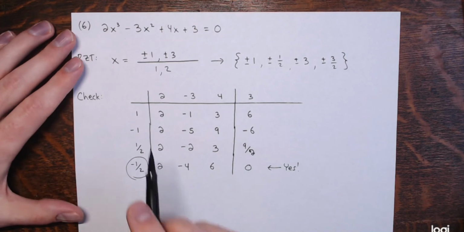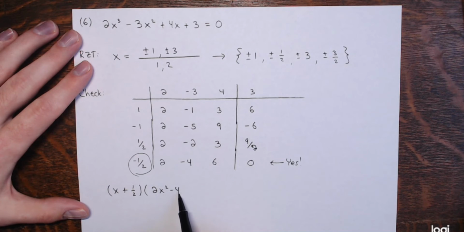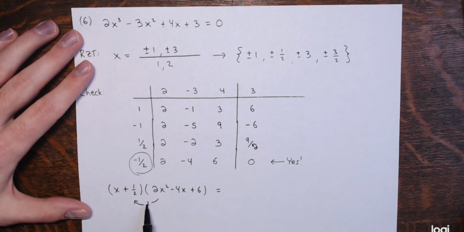And now I can use this to factor the polynomial. It's x plus a half times 2x squared minus 4x plus 6. And then once again, I'm going to borrow a factor here. All these coefficients in the quadratic factor are a multiple of 2. I'm going to pull out a 2 from that factor and put it in the other one.